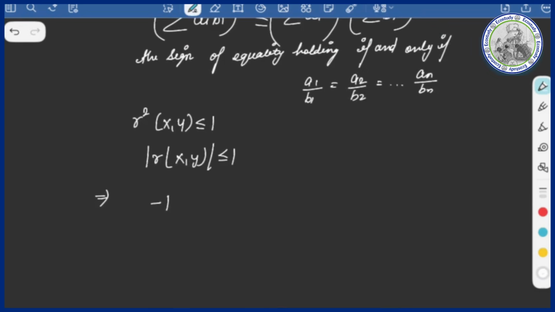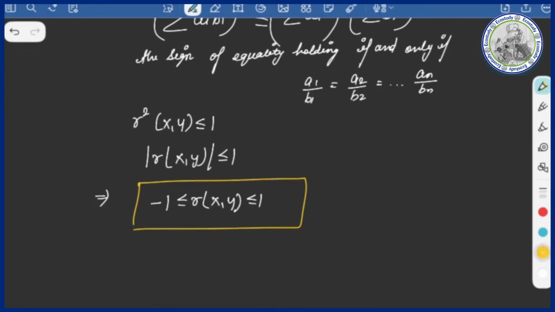This is nothing but your correlation value, which tells that the correlation coefficient always lies between -1 and 1.